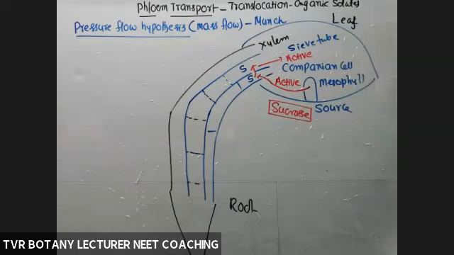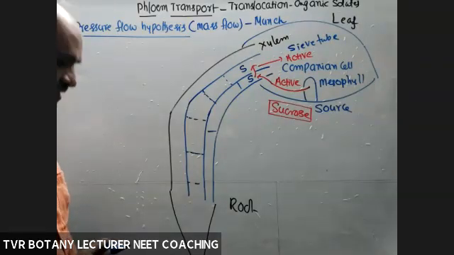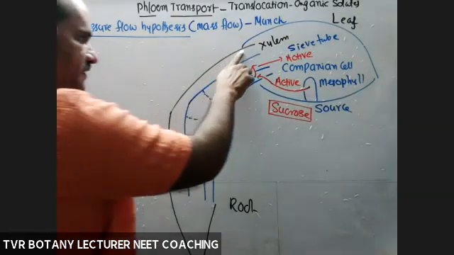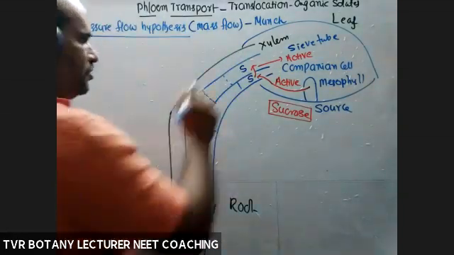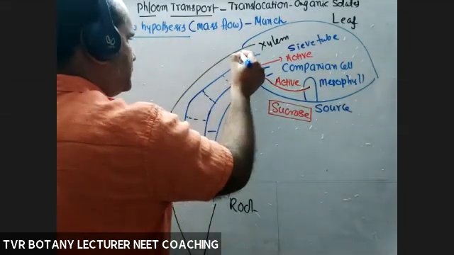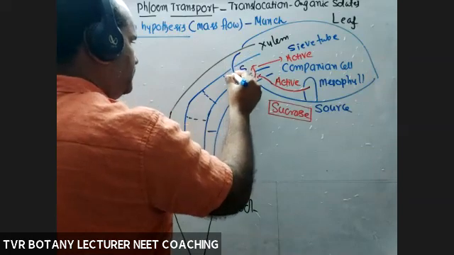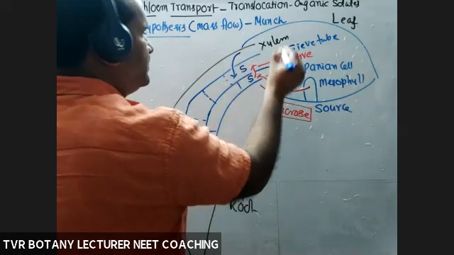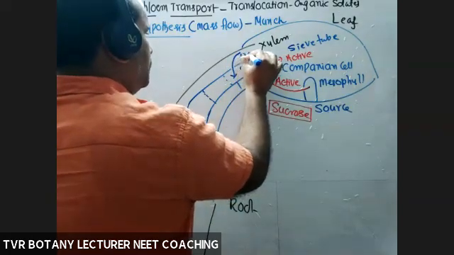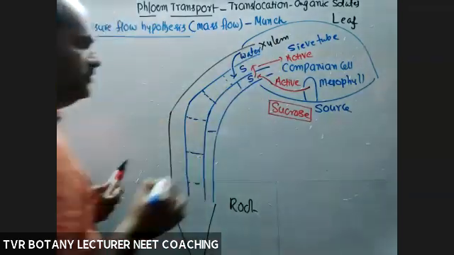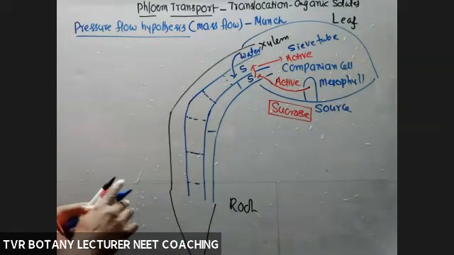Now the water potential value will become more negative, water potential is less when compared with the xylem. So now water is passively transported into the sieve tube.